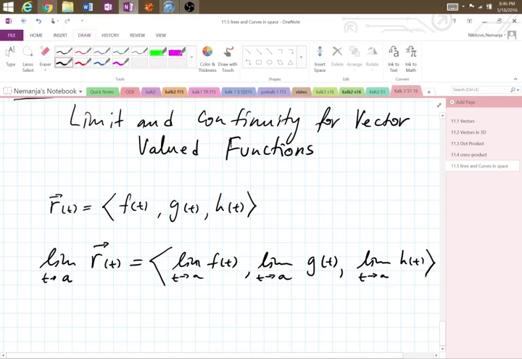Continuity is also done component-wise. If all of the participating functions, f of t, g of t, and h of t, are all continuous, the whole vector-valued function is continuous. If any one of those is discontinuous, then the discontinuity will permeate through, and the r of t would be globally discontinuous. So continuity is also done component-wise. I'll put the word done under quotation marks.